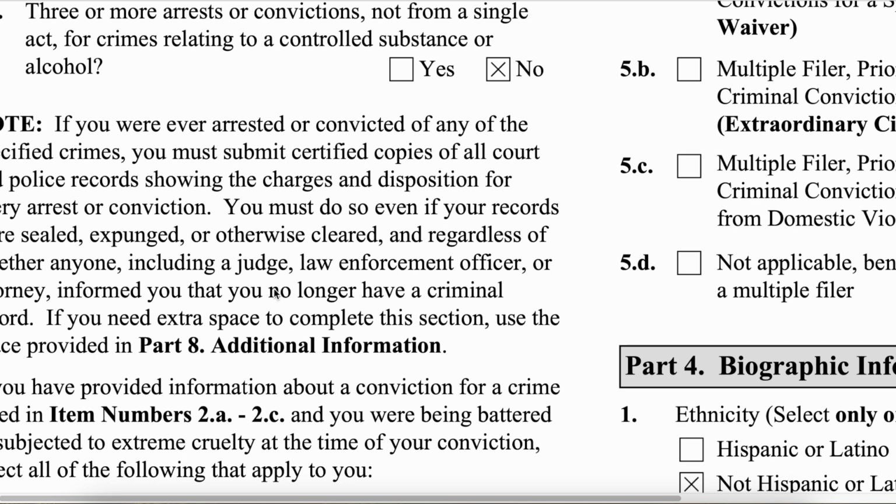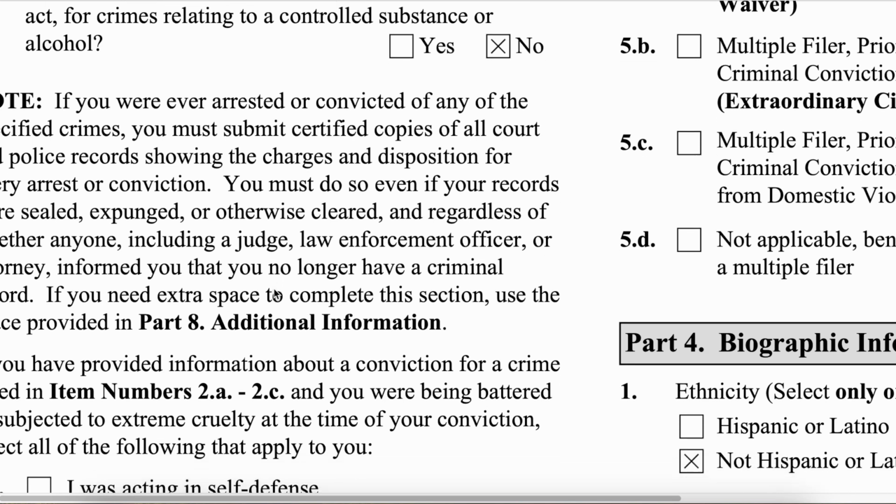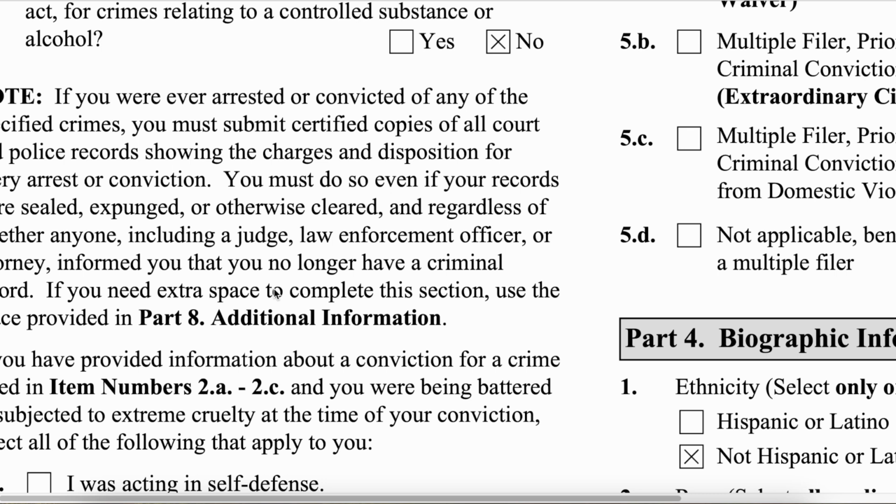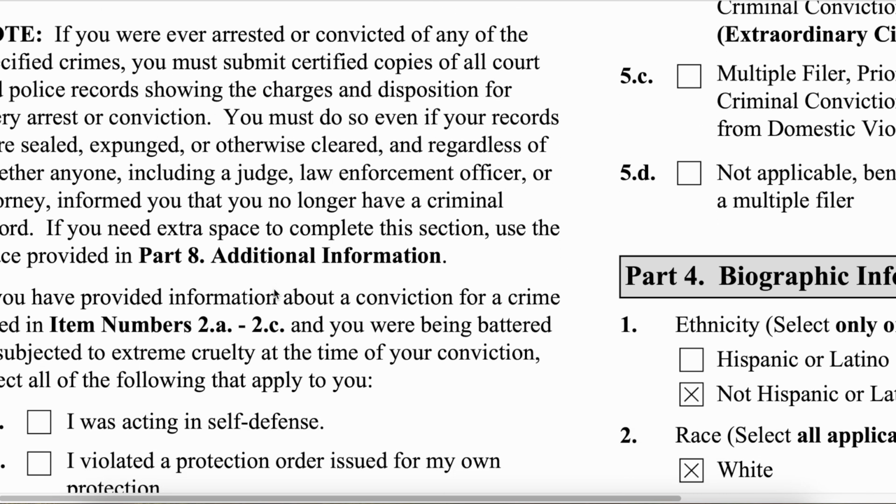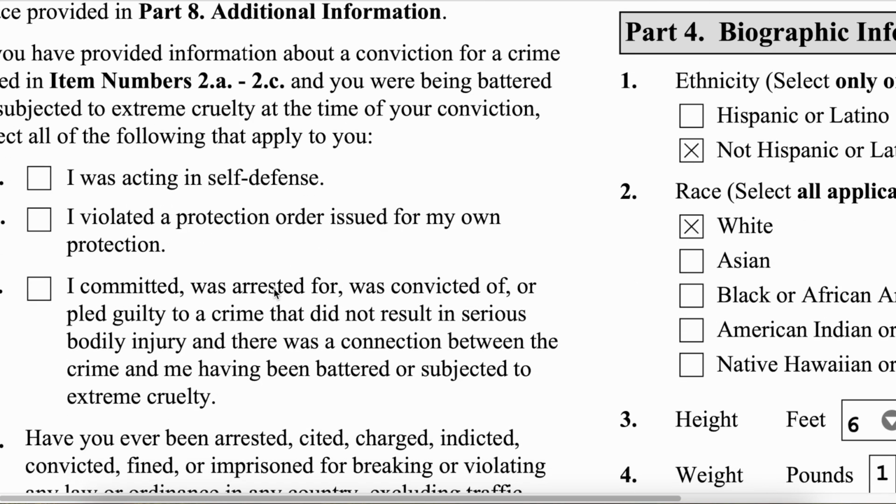You must do so even if your records were sealed, expunged, or otherwise cleared, and regardless of whether anyone, including a judge, law enforcement officer, or attorney, informed you that you no longer have a criminal record. If you need extra space to complete this section, use the space provided in Part 8, Additional Information.